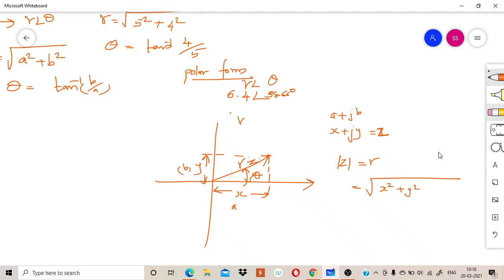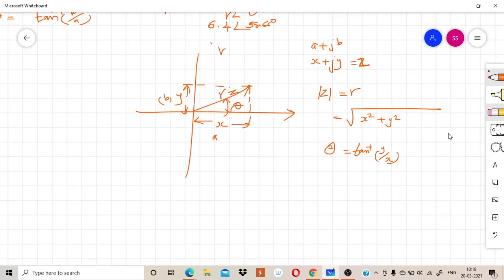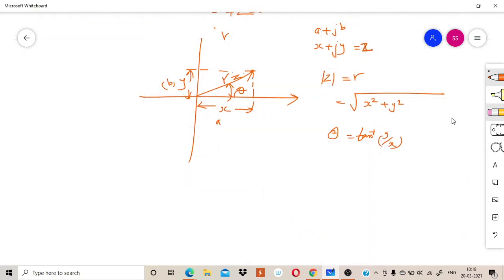The angle theta, if you take tan theta from this triangle, is opposite by adjacent, that is y by x. So theta will be equal to tan inverse y by x. So these are the two representations of complex numbers, that is in polar form as well as in rectangular form.